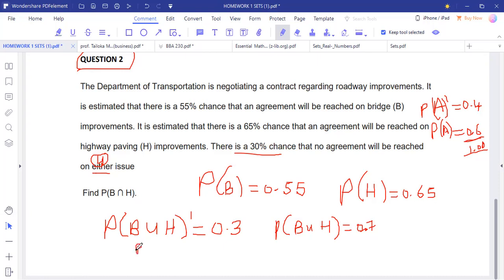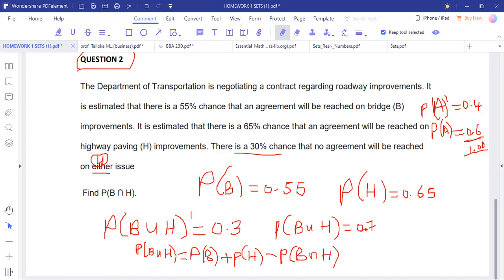The probability of B union H is equal to the probability of B plus the probability of H, minus the probability of B intersection H. This is the formula we need to go for as we are looking at a question like this.